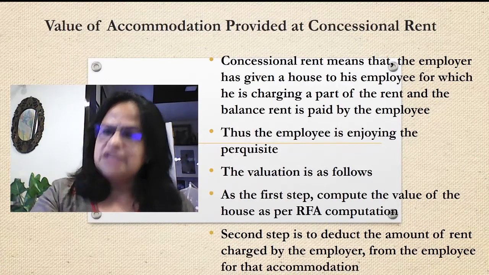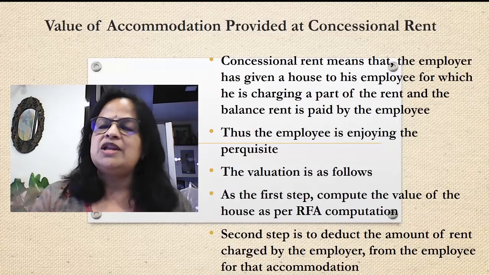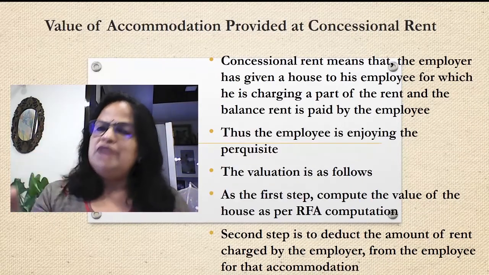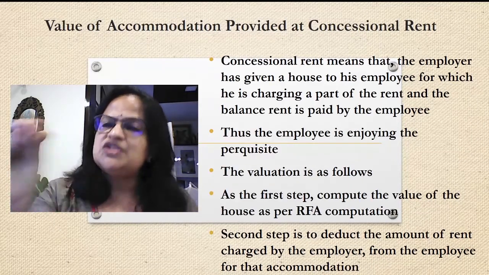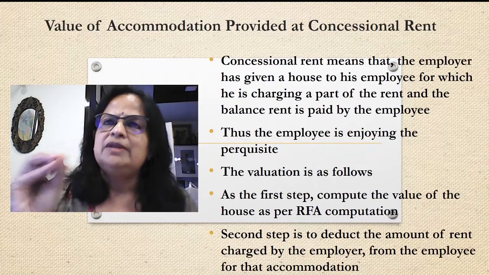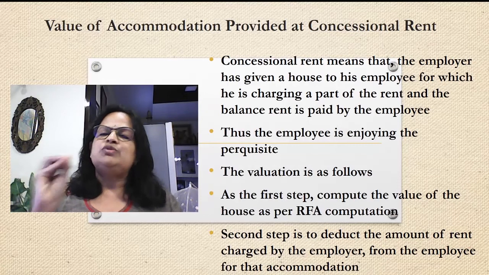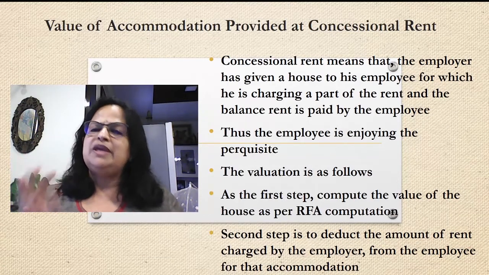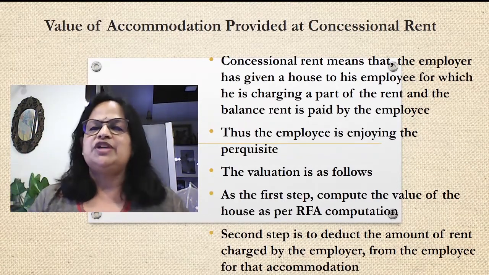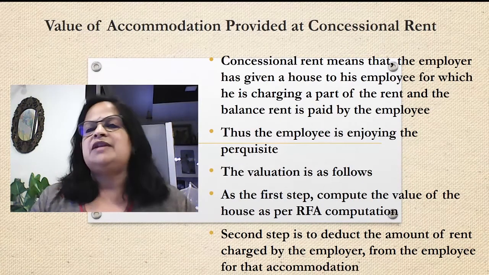Now from that, see, concessional rent meaning the employee will be paying a certain amount as a concessional rent. Imagine the rent of the house is 50,000. The employer will be collecting some 20,000 from the employee. That meaning he is not getting full rent-free accommodation. He is getting a concessional rental accommodation.